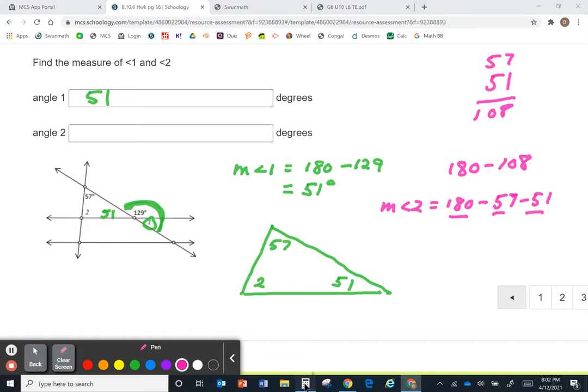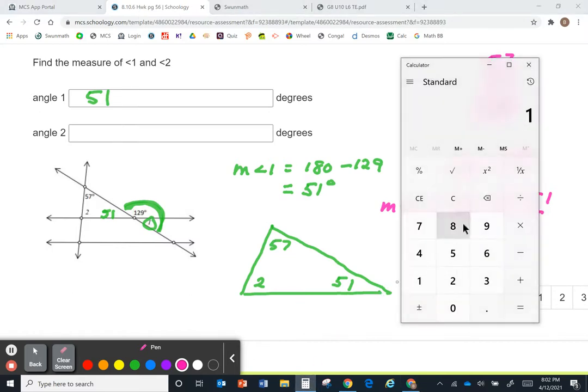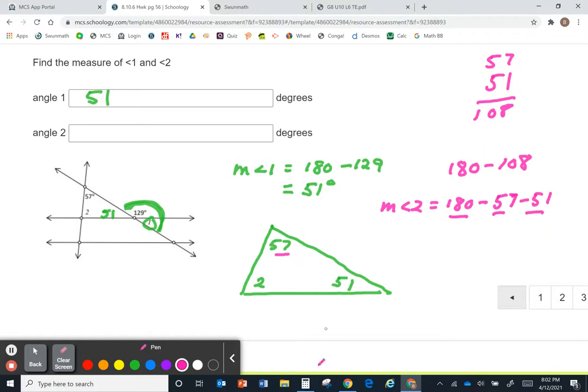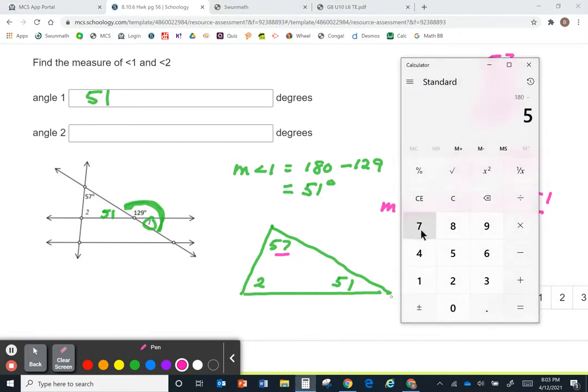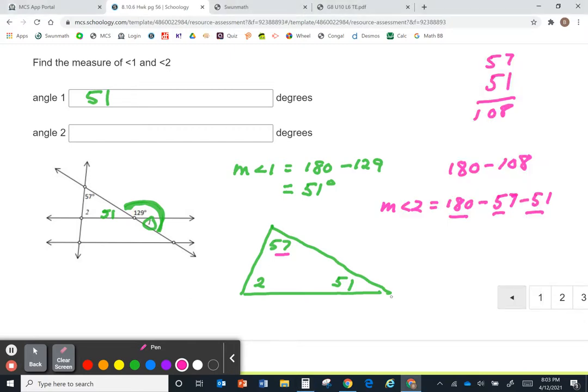Okay, where's my calculator? 180 minus 57. Whoopsie, that's not right, is it? 180 minus that 57 right there, minus 51. 72. All righty, angle 2, 72.